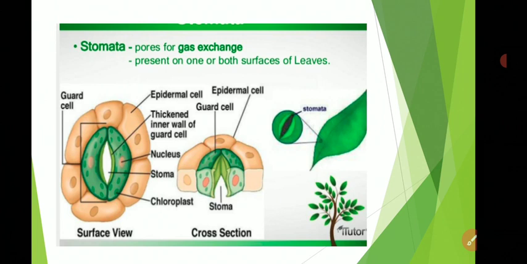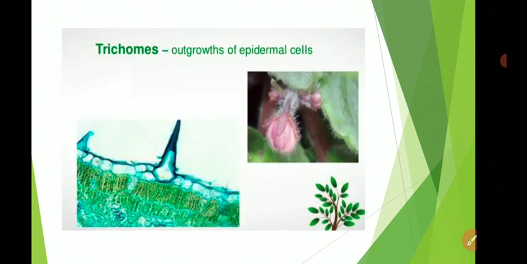So this is the detailed account of stomata, the first element of the epidermal tissue system. Now let's discuss trichomes. You must have observed such type of outgrowths on the leaves, on the buds, on the calyx, that is, hairy, whitish hairy structures.